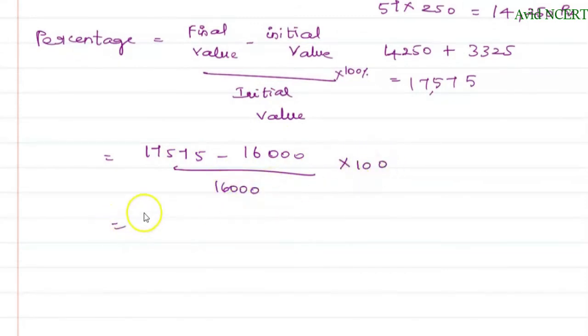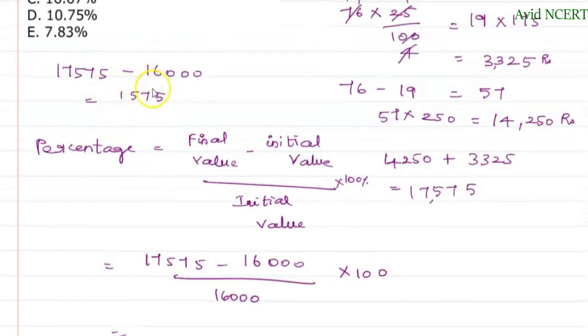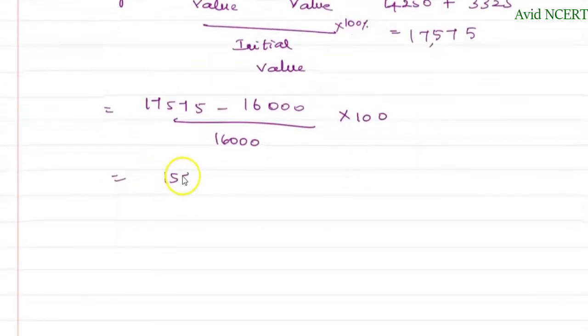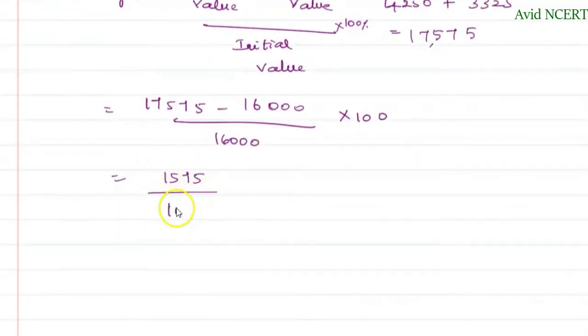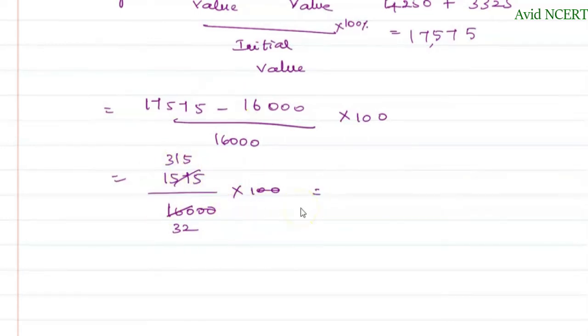The difference we know already, so it is 1,575 divided by 16,000 times 100. Simplifying this, the zeros get cancelled, and you can use any method to simplify this. So when we divide 315 by 32, the answer will be 9.84%.